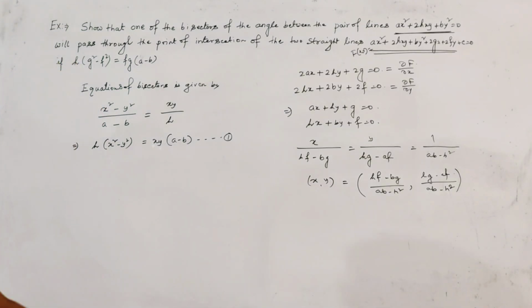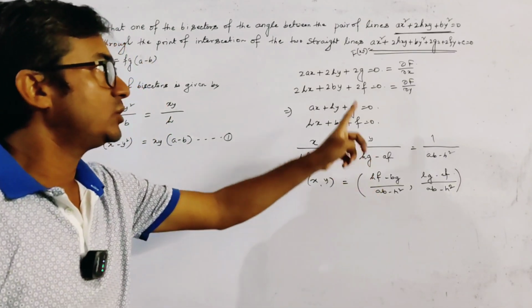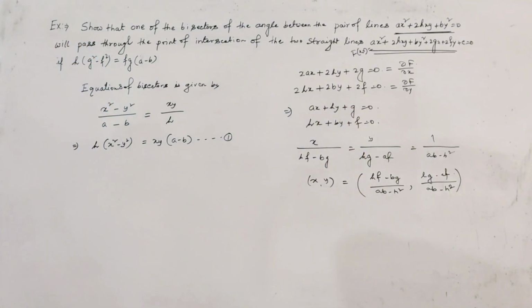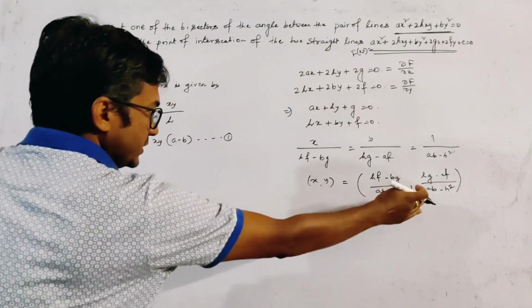Now since this bisector passes through the point of intersection of these two lines, which we already found, we put the values of x and y here.